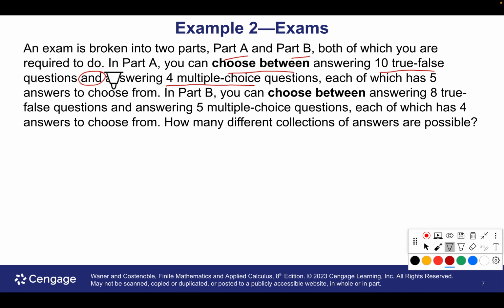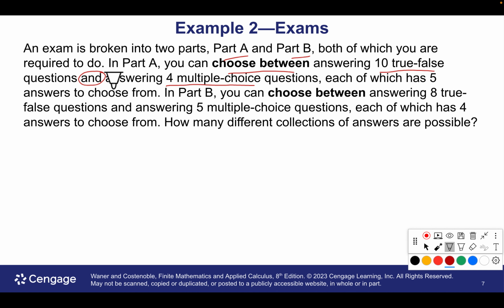But remember, in logic, and is sort of the backwards if we're thinking of unions. So maybe they're using logic, but I had to highlight choose between. So we're not going to do both parts of the test. And the only way I did this is I looked at what their solutions was. Sometimes you cheat that way, right? You work backwards. You find out what the answer is, and then you go, okay, this is what they want. But that was confusing to me.